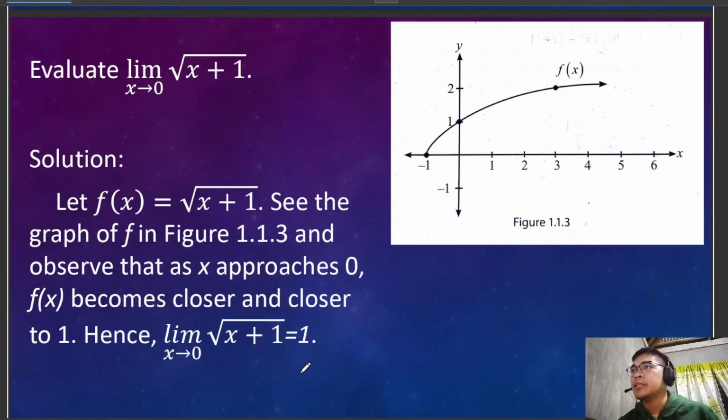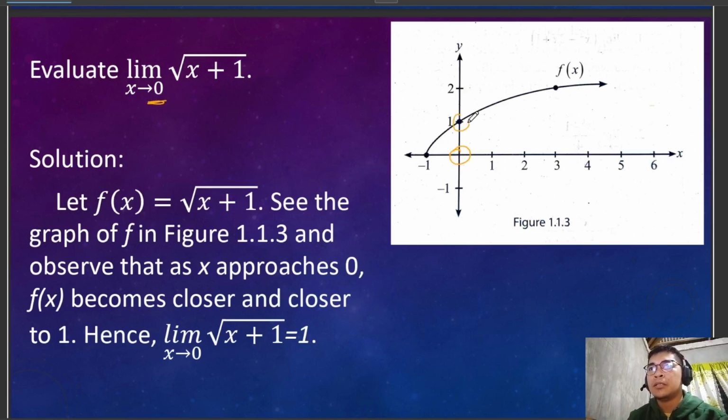Okay, another. Evaluate the limit of the square root of x plus 1 as x approaches 0. Okay? So, let our f of x be equal to the square root of x plus 1. By seeing the graph, it is continuous, so probably there is a limit. Take note, our x approaches 0 here.